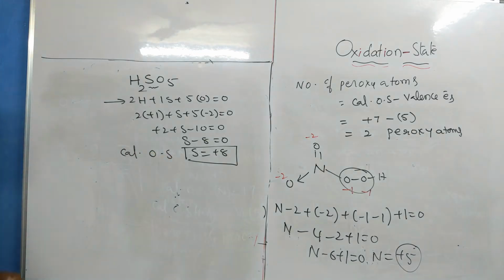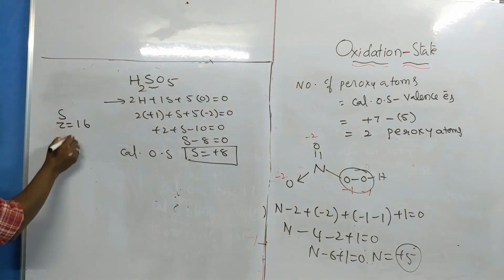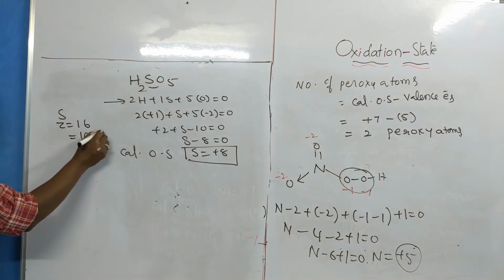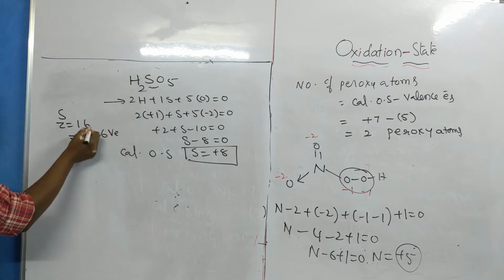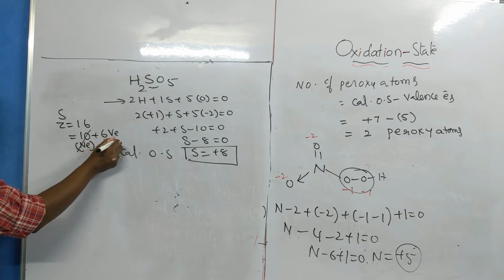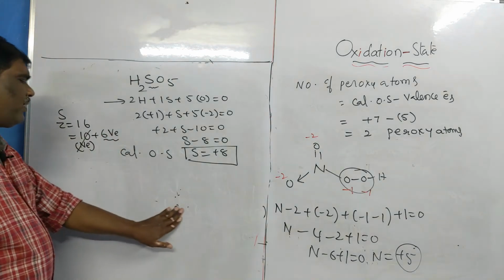Is it possible or not? Now you verify. Sulfur atomic number is 16. 16 can be written as 10 plus 6 because 10 represents neon. Along with neon it is having 6 valence electrons. What is the concept I told you?